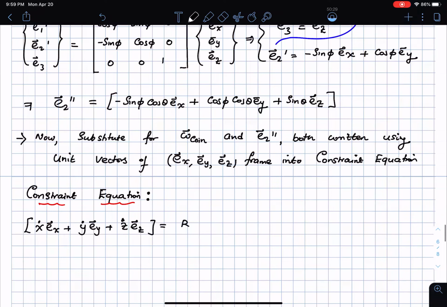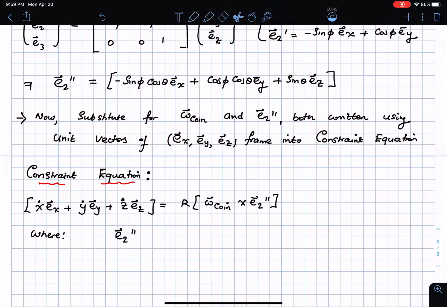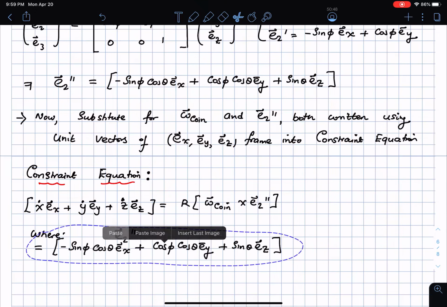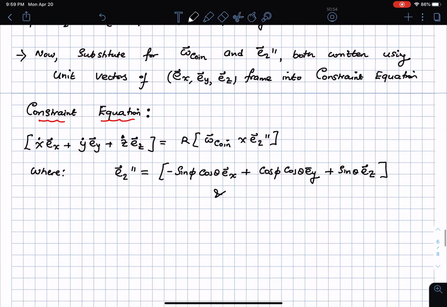This is equal to r times omega coin crossed with E2 double prime, where E2 double prime is going to be the following. I'm going to take this big guy here, copy that and then paste that here. So that's going to be E2 double prime, and omega coin, which I'm going to write in the xyz system as omega x, omega y, omega z.